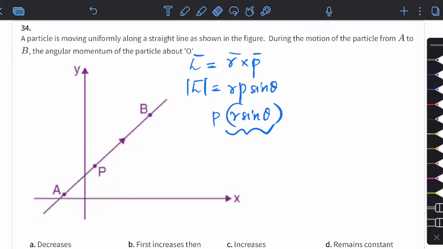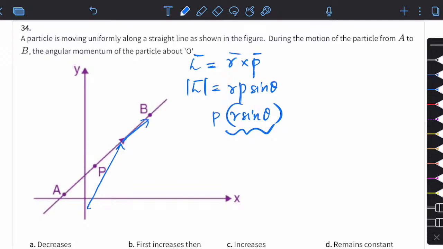Think about it, right? So if I choose some random r, and I have the angle between p and, wait, let me choose an angle over the other side, that's easier. So I'll choose a random r like this. This is my r vector. The particle is going from A to B, so this is the direction of my p vector. Okay, both are fine actually, but the other side will be less confusing, I feel.